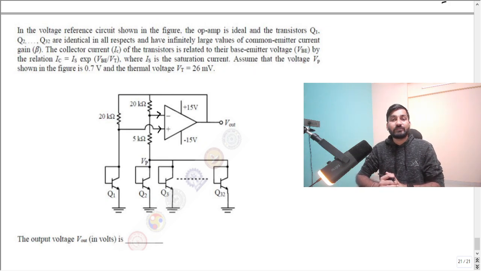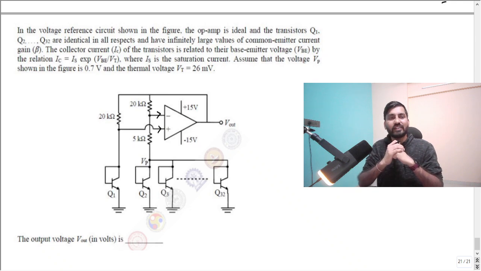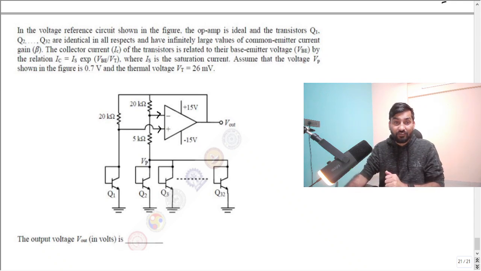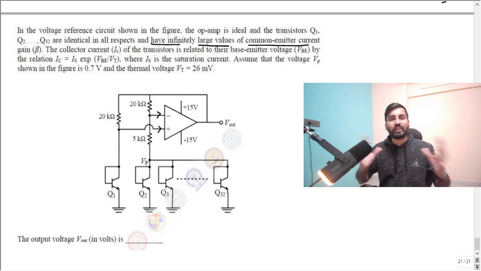And there are 32 transistors, Q1, Q2 up to Q32. One of the very good things they have mentioned is that all of them are identical in all respects and have infinitely large common emitter current gain. This is again an important point that makes your life far easier.